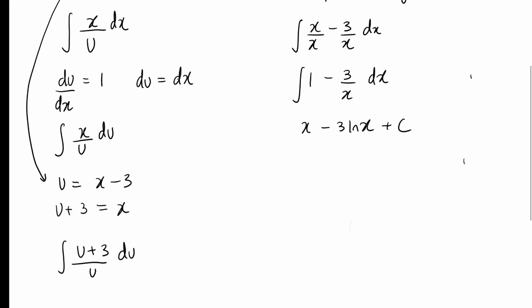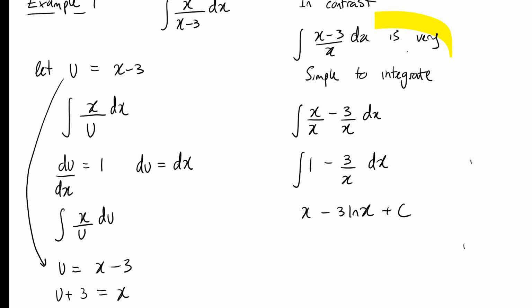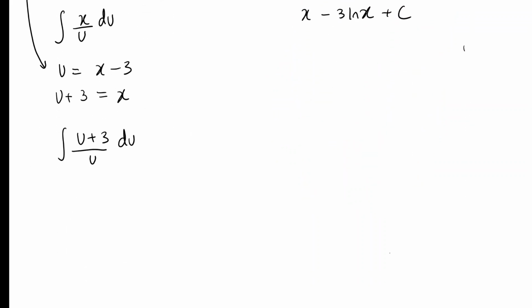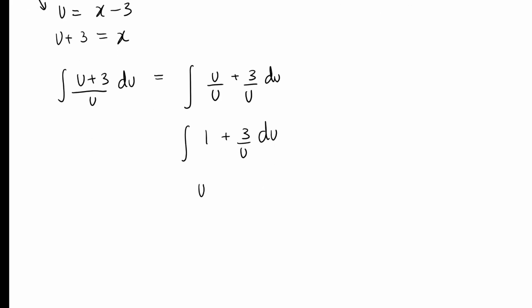We've now made this integral just like the integral we considered over here on the left, where the numerator's a little more complicated, but the denominator is very simple, and it will now be fairly straightforward to deal with this integral. So we first break apart the numerator, so we have u plus 3 over u du, the integral of 1 plus 3 over u du. 1 integrates to become u, 3 over u becomes 3 ln u plus c, and finally we reinstate x.